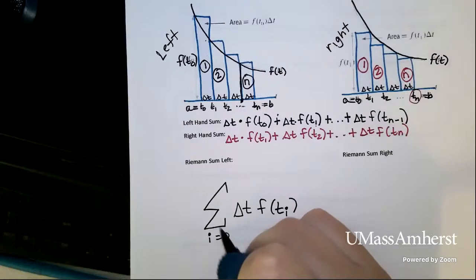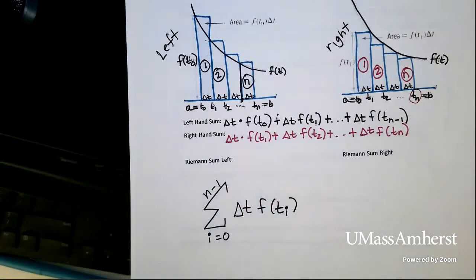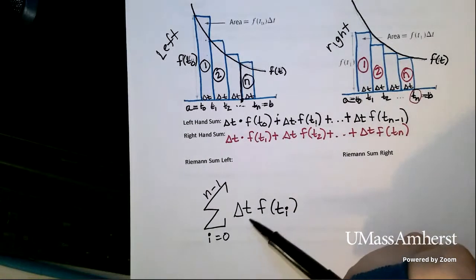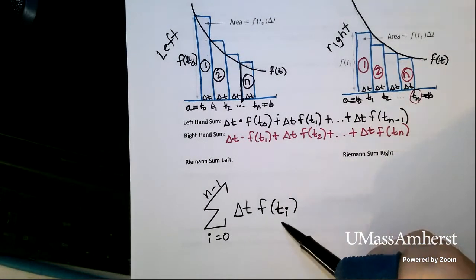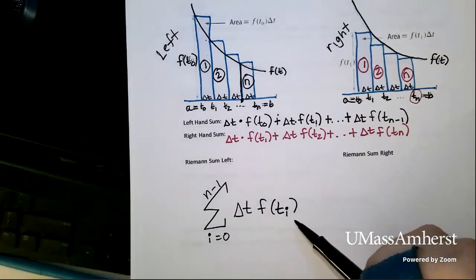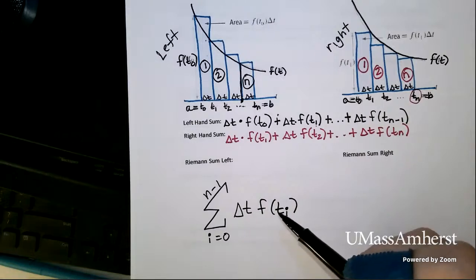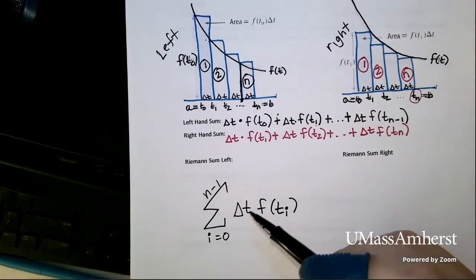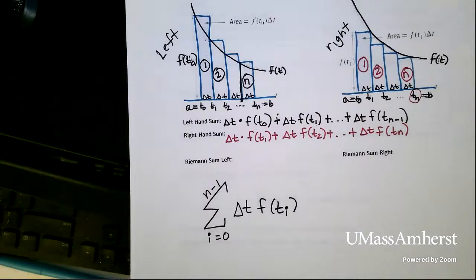So i starts at 0, and it goes until it gets to n minus 1. So what this does is it says delta t f of t sub 0 plus delta t f of t sub 1 plus delta t f of t sub 2 plus delta t f of t sub 3 plus, and it keeps going until it gets to n minus 1.